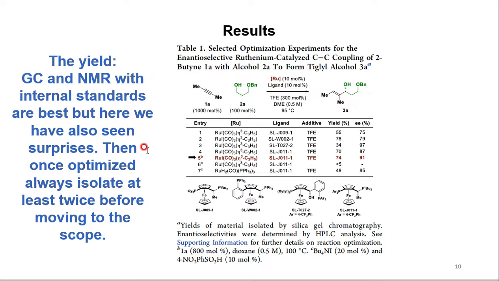So please use them. As I said previously, GC and NMR analysis of your reaction with internal standards is the best, but we have seen here sometimes surprises, that the yield varied by 10, some 20%. So be careful: the GC and NMRs need to be carefully analyzed.